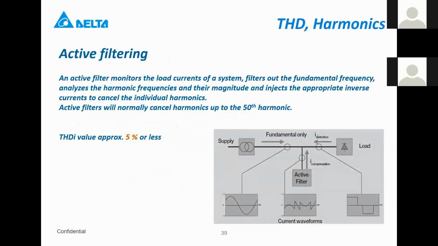Active filtering. Basically it is the same as for a passive filter. It is using capacitors and inductors in the filter itself, but the difference is that an active filter is continuously measuring the current form, and it also detects what kind of harmonics are on that current.